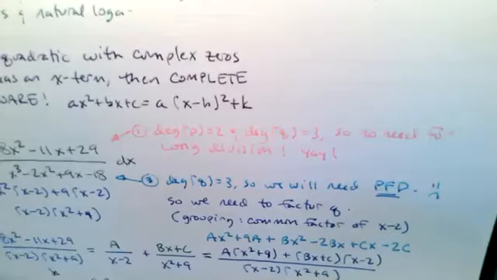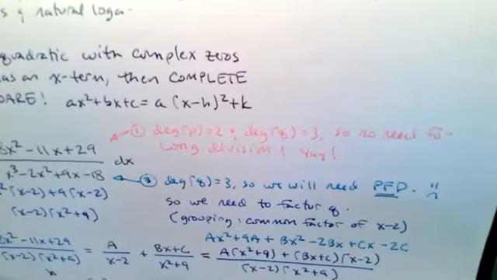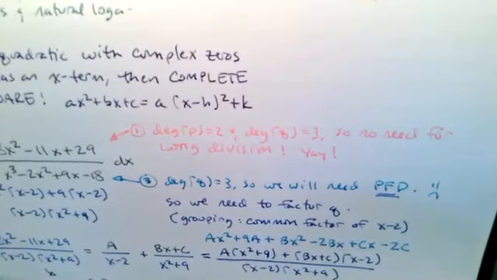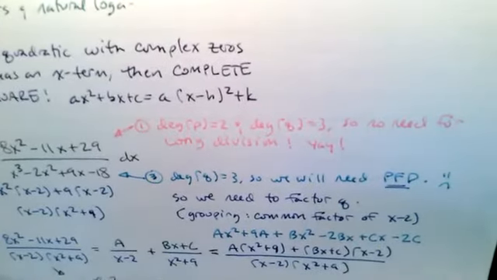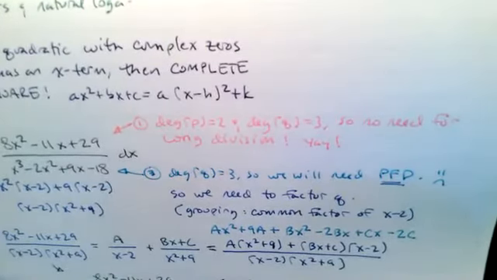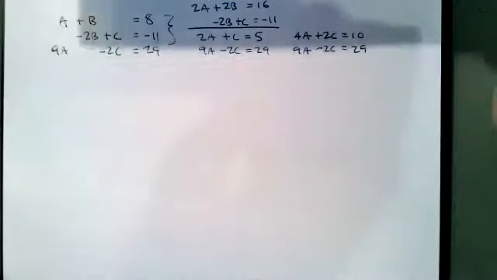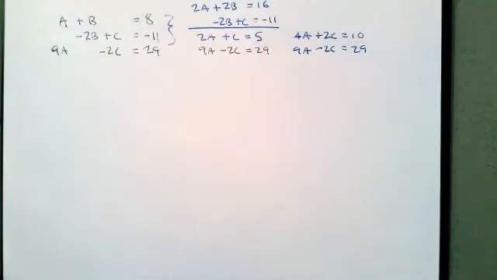So I got ax squared plus bx squared, so a plus b is the x squared. I've got minus 2b plus c times x, and that's negative 11. And I've got the 9a minus 2c is the 29.